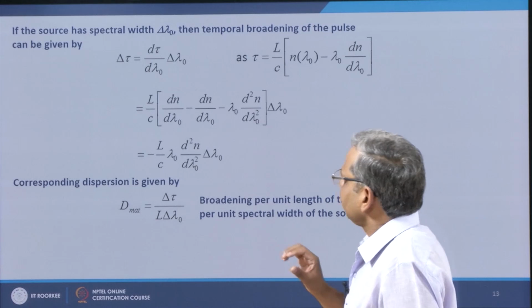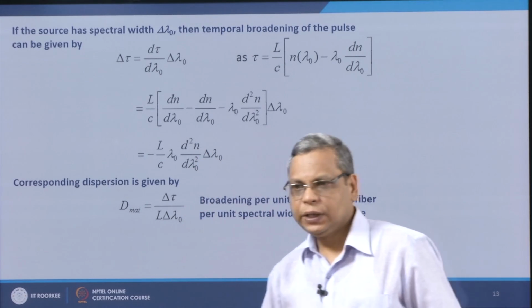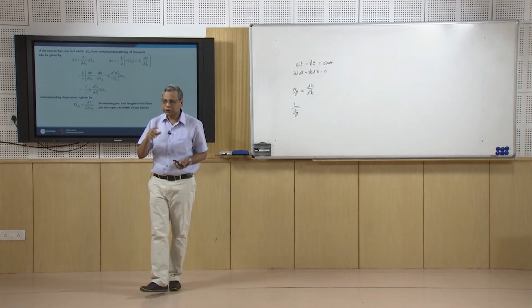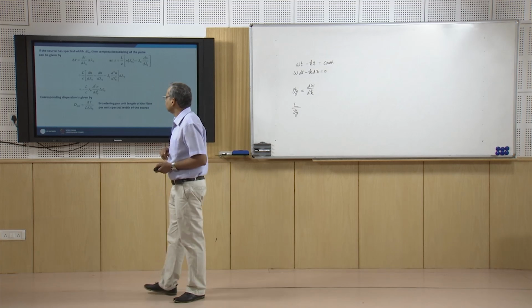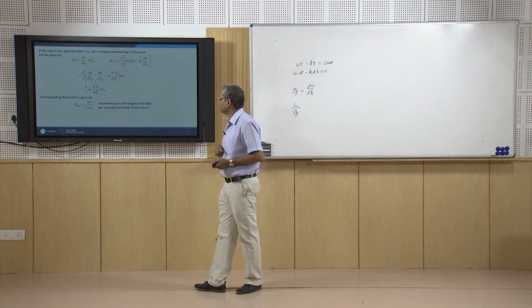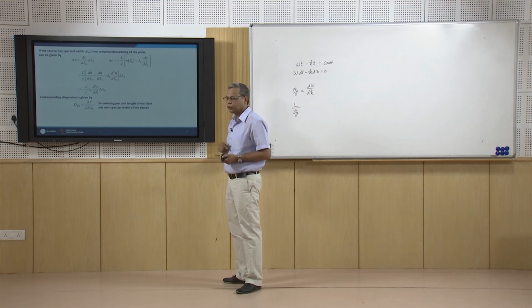And usually what we do, we define this broadening in terms of dispersion coefficient, and here it would be called material dispersion coefficient.